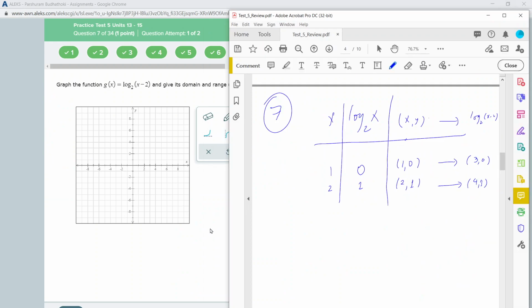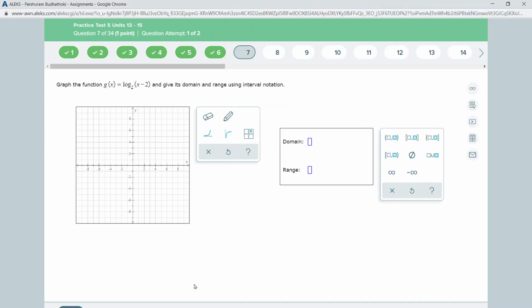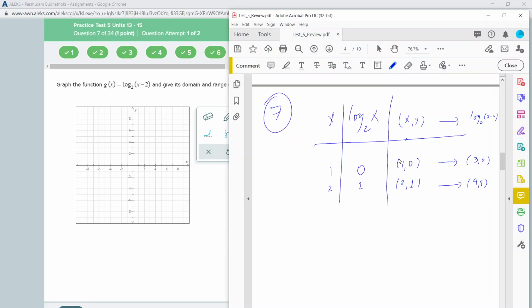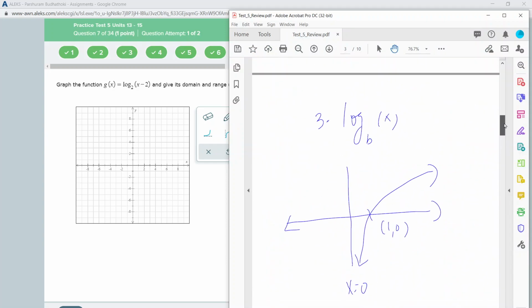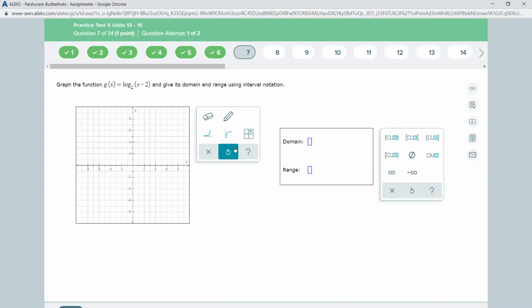Make sense? Now when you shift the graph, you are also shifting the asymptote. As we discussed, the asymptote for the base graph is x equal to 0, and you are shifting this graph 2 units to the right, so x equal to 0 becomes x equal to 2.